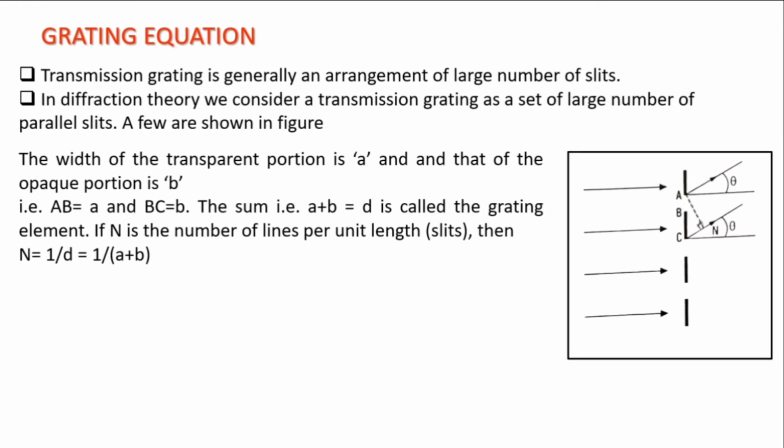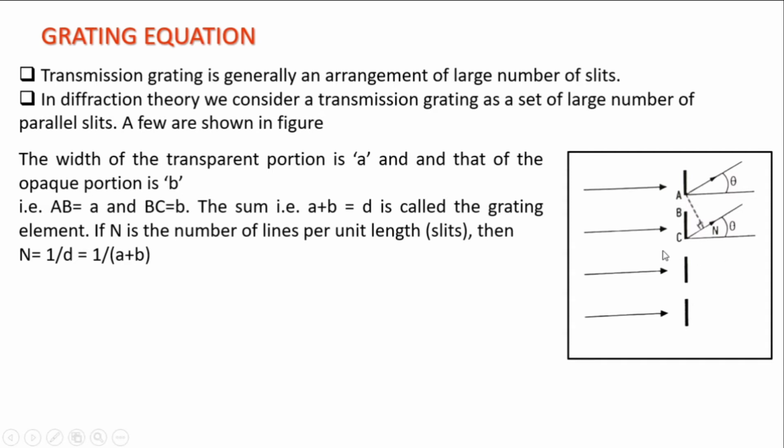So now we are going to derive the grating equation. Transmission grating is generally an arrangement of a large number of slits that we have seen in the previous slide. In diffraction theory, we consider a transmission grating as a set of large number of parallel slits. A few are shown in the figure.